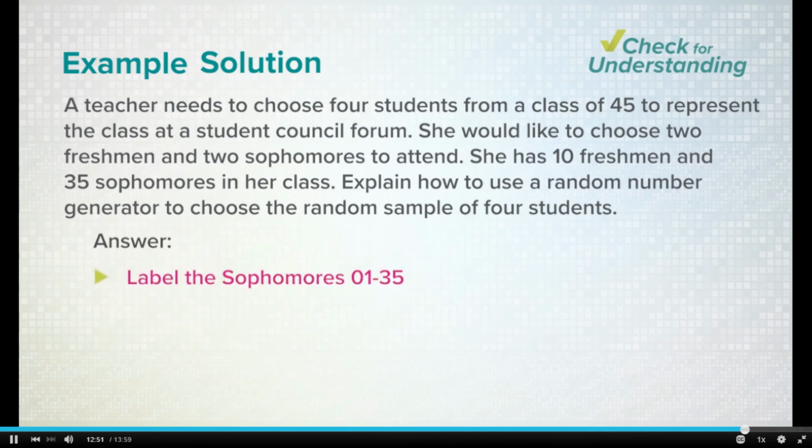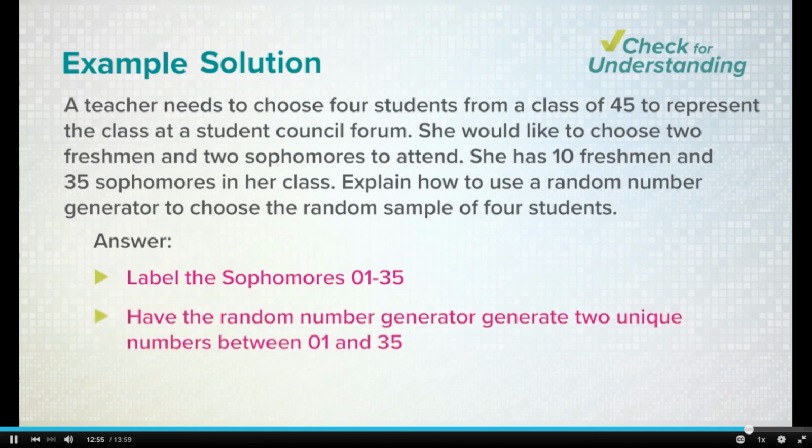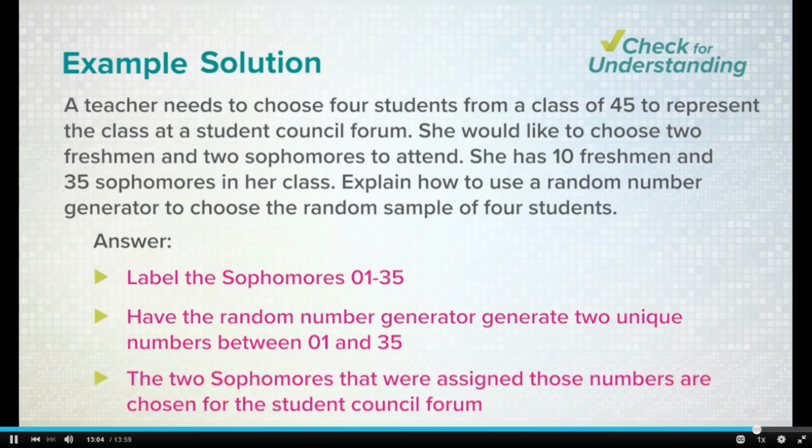Label the sophomores 01 to 35. Have the random number generator generate 2 unique numbers between 1 and 35. The 2 sophomores that were assigned those numbers are chosen for the student council forum.